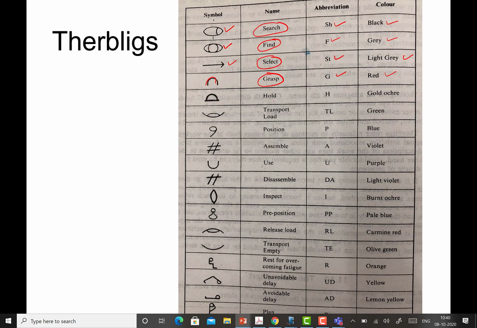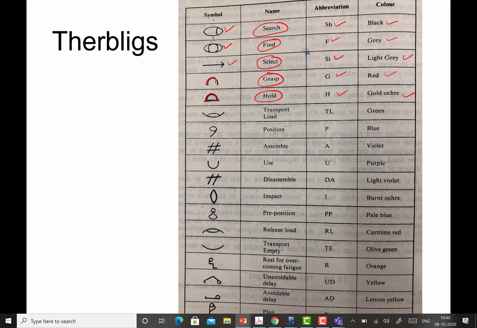Then hold. Hold is represented like an inverted U plus a horizontal line. H is the letter, and gold is the color for the hold.